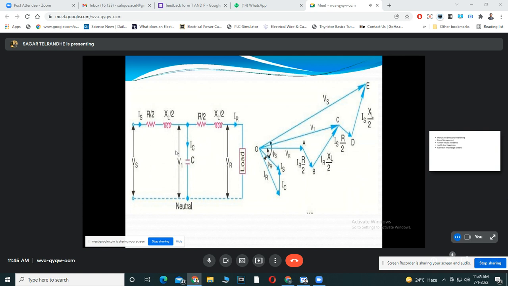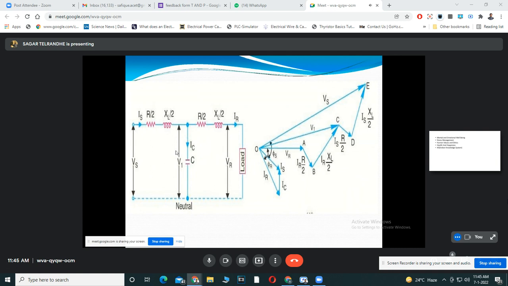The transmission line causes voltage drops at various levels. Also, the receiving end current lags the voltage by a phase difference of phi, and we represent it by phi r.